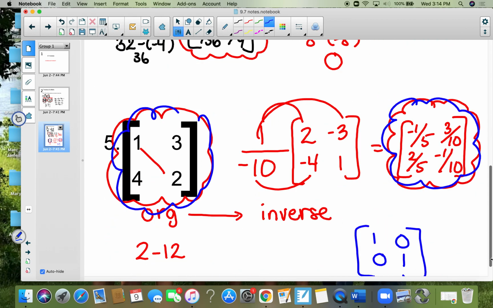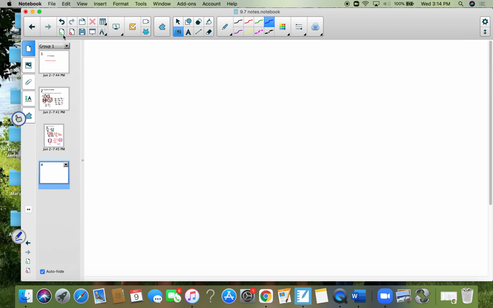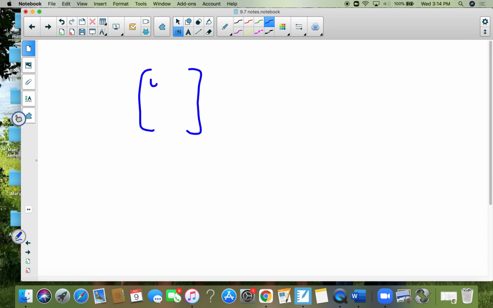Okay, I think we should do one more. Let's do this one. 4, 1, 3, 1. This is the original, and they're asking you to find the inverse.